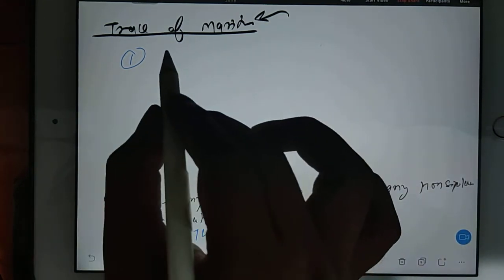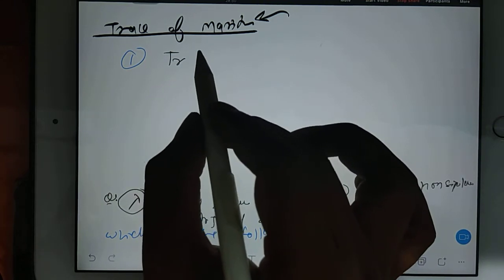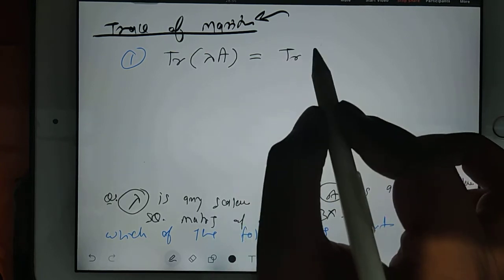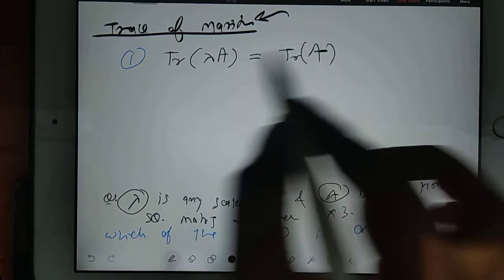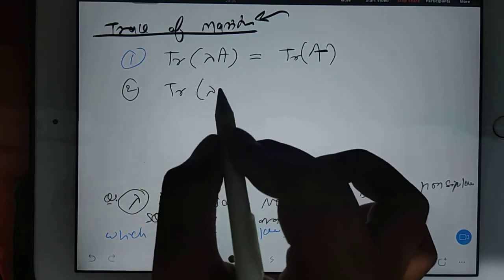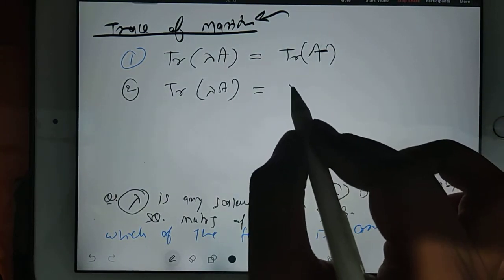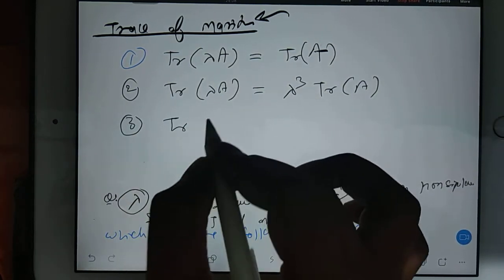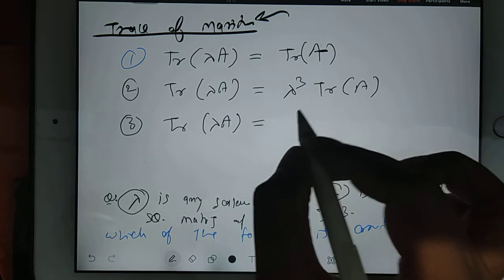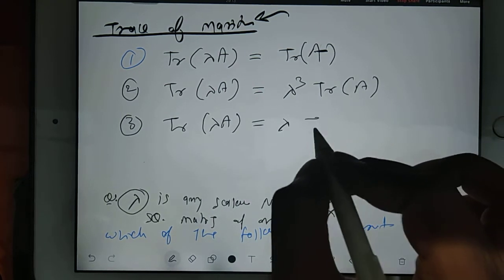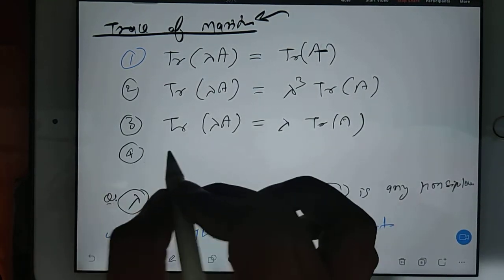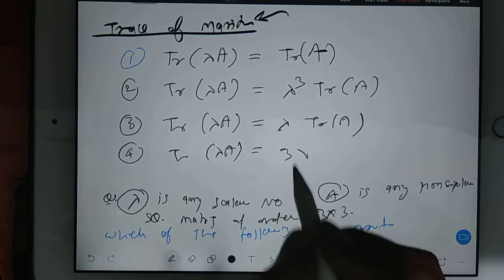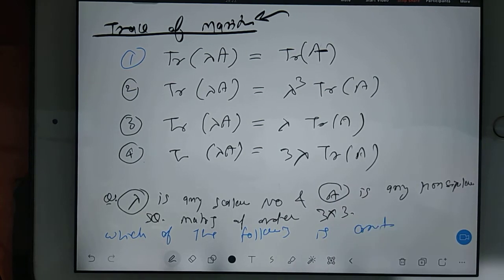Trace of lambda A will be equal to trace of A. Second, trace of lambda A will be equal to lambda cube trace of A. Third, trace of lambda A will be equal to lambda trace A. Fourth, trace of lambda A will be equal to 3 lambda trace A.